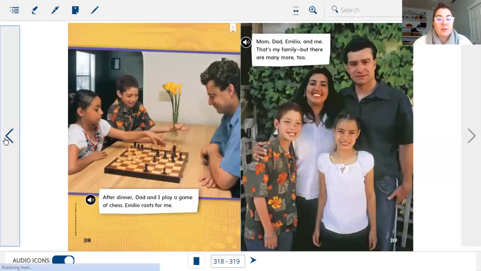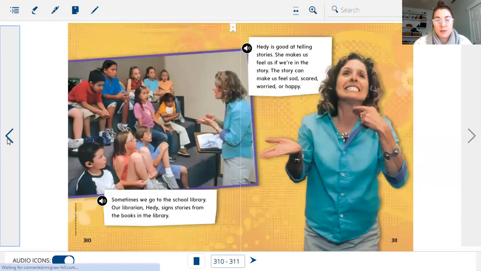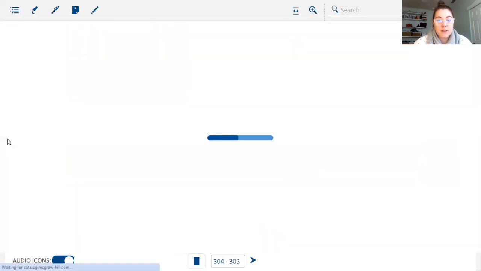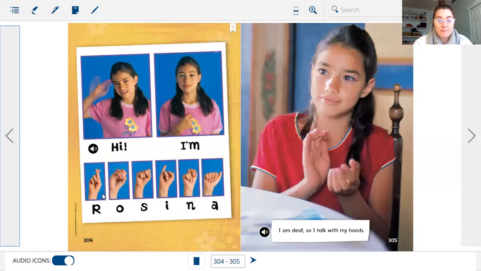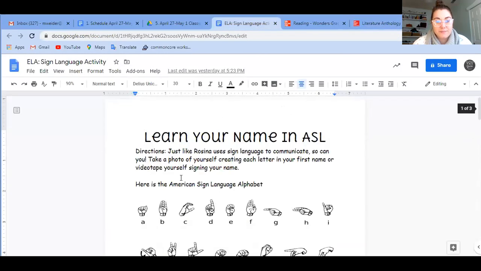So back at the beginning of the story, it shows Rosina using her hands to make her name. So it's Rosina. So that makes her name. So my activity for you, and let me see if I can get to the page.